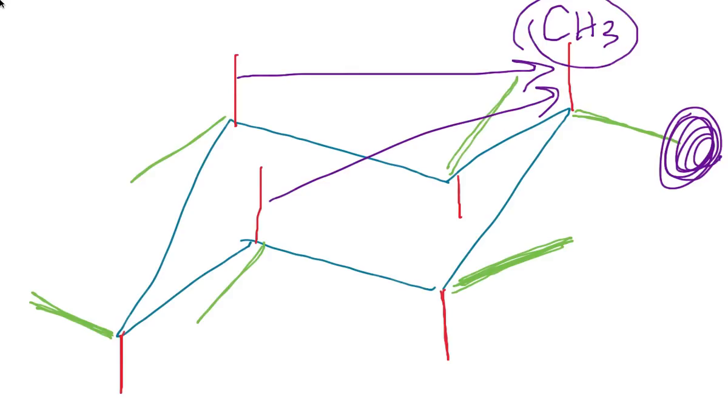So bottom line, axial positions are more crowded, with higher steric strain and higher energy than equatorial positions. And if you look at the two conformations, you should know which one is higher energy and which one is lower energy.